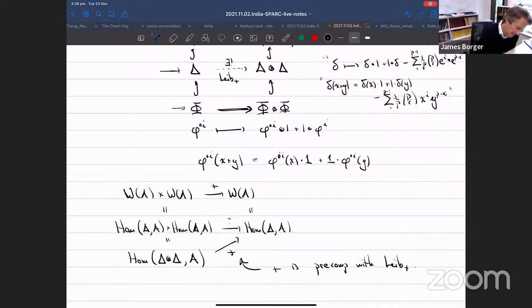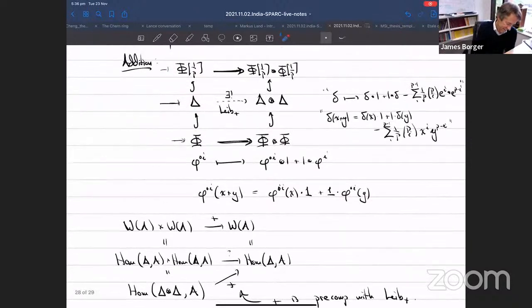So if you have a homomorphism from this into a ring A, you can pre-compose it with this and you get a new homomorphism from delta to A. In other words, if you have two homomorphisms from delta to A, you can combine them going through this and get a new homomorphism from delta to A. That's maybe just a more sophisticated way of saying the actual definition I gave for the ring structure on delta.